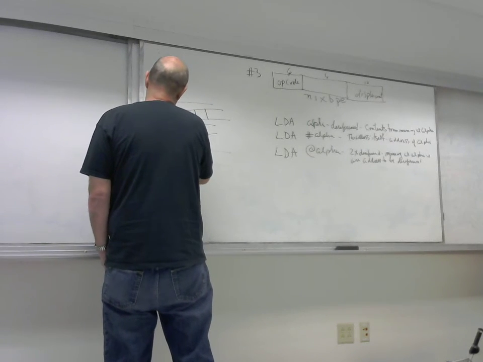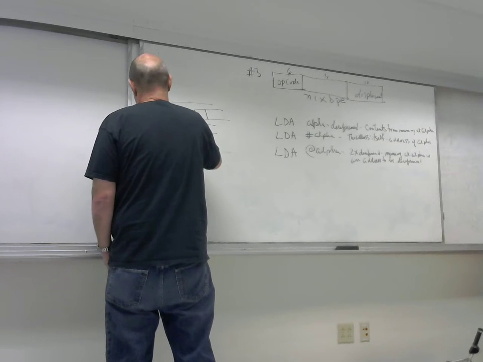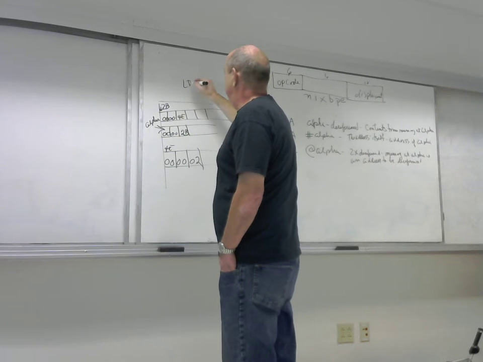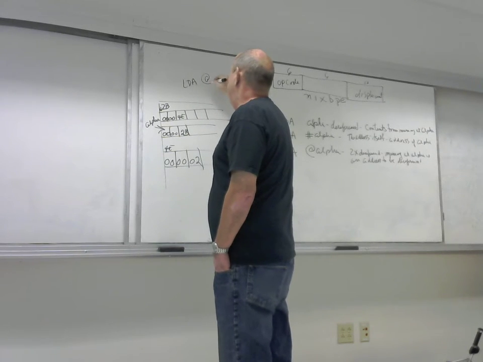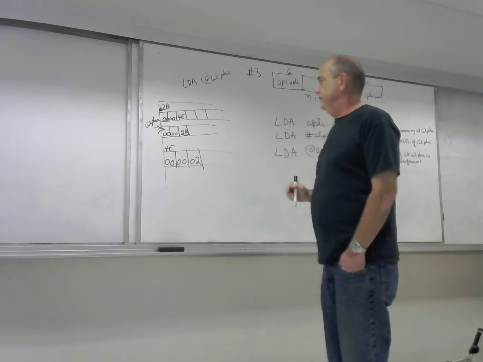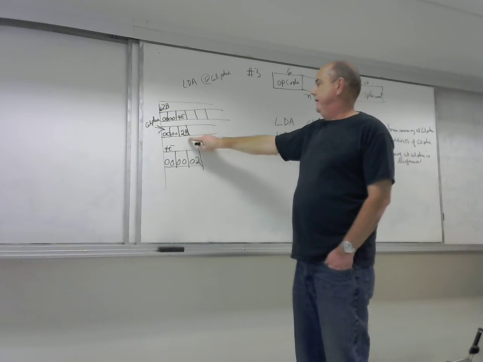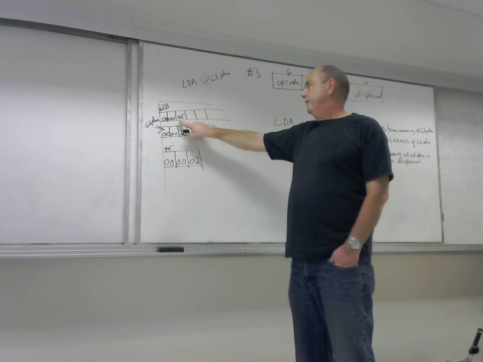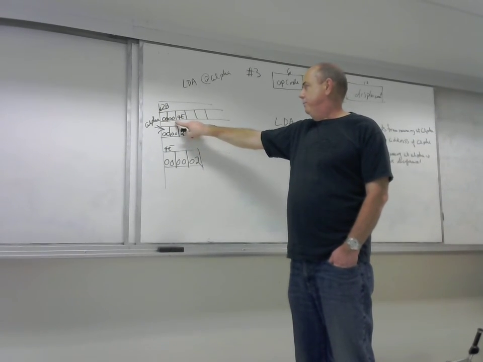So this spot is alpha. So if we say LDA at alpha, what goes into the A register? First we go to alpha. In alpha we read the address, 2B. Then we go to the address 2B and put what we find there.